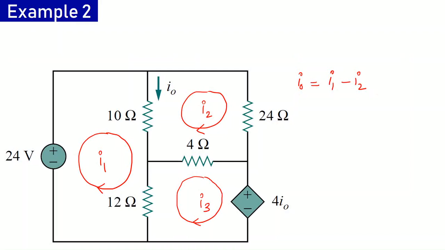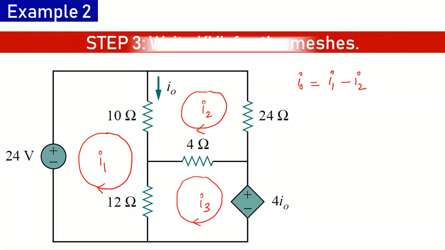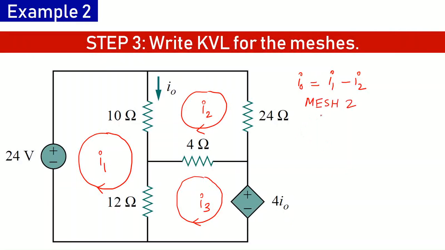Once we have identified the meshes and marked the mesh currents, we need to write the KVL equations for all these meshes. Again, I'll follow the same convention of taking rise in potential as negative and fall in potential as positive. For mesh 1, I'm starting from this point. The equation will be minus 24 volts plus 10 (I1 minus I2), then plus 12 (I1 minus I3) is equal to 0.